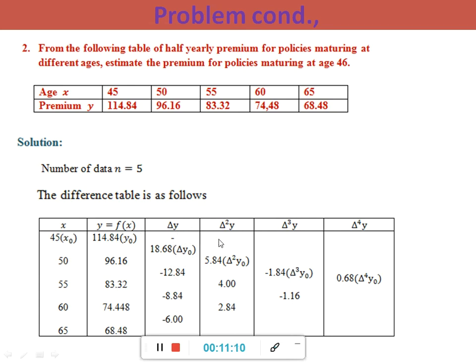Now we are going to apply the forward formula. So choose all the first values here. So del y naught equal to minus 18.68, del square y naught equal to 5.84, del cube y naught equal to minus 1.84, del power 4 y naught is 0.68.